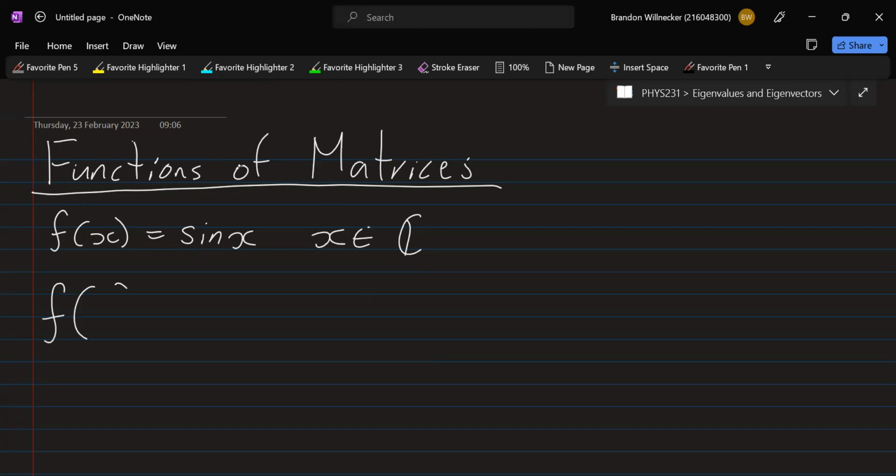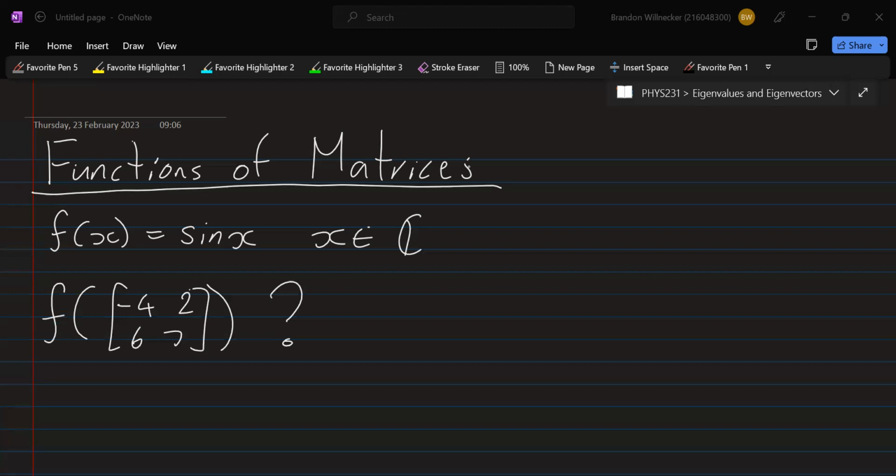If we have f of a matrix, let's say [-4, 2; 6, 7], what does this mean? How do we take this matrix and substitute it into the sine function? That doesn't really make any sense. But we'll see that we can make some sense of this by representing the function as a Taylor series.